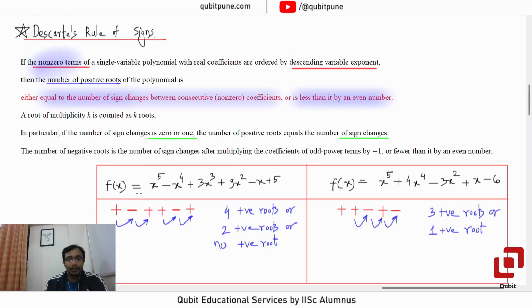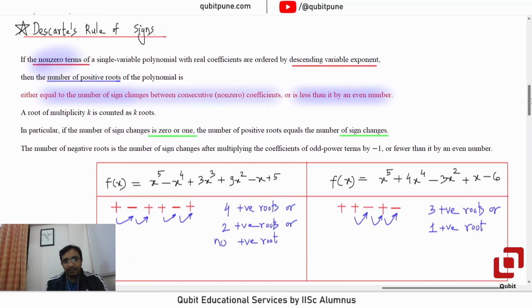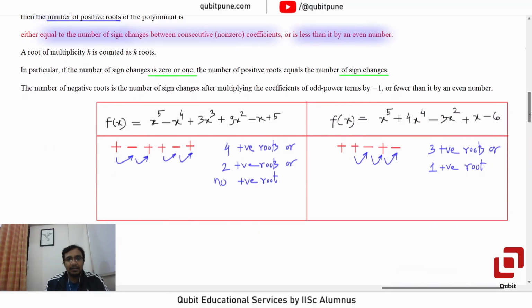Okay. Now, let's see whether this rule helps us in finding the number of negative roots. The number of negative roots is the number of sign changes after multiplying the coefficients of odd power terms by -1, or fewer than that by an even number. So basically, we replace x by negative x. Look here.